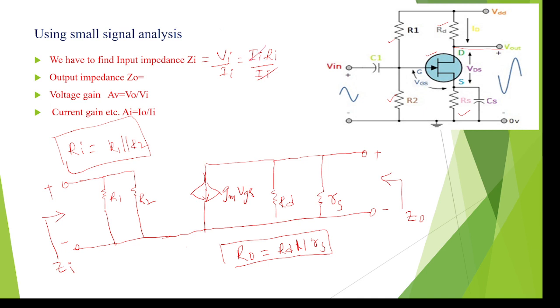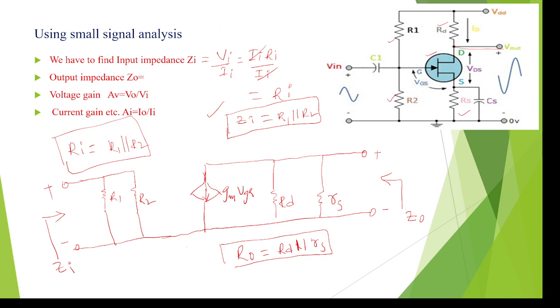So Ii cancels, and this equals Ri. But we know that the input resistance equals R1 parallel to R2. So this is the input impedance Zi. We can calculate the circuit impedance by using this small signal analysis for any given circuit.